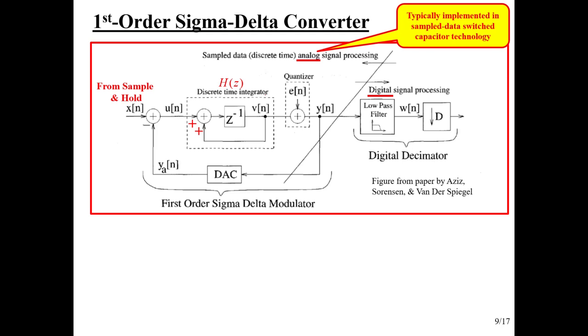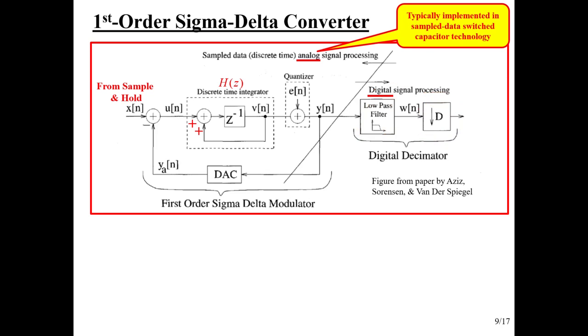So since this is a first order filter, this whole thing is called a first order sigma delta modulator. Then it goes into a low pass filter that will pass the signal band and attenuate stuff outside the signal band, so if there's noise out there, and then decimate down by a factor of D.